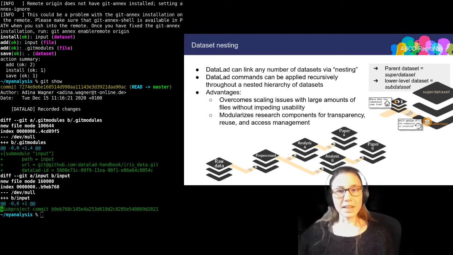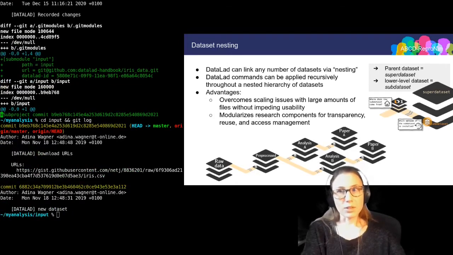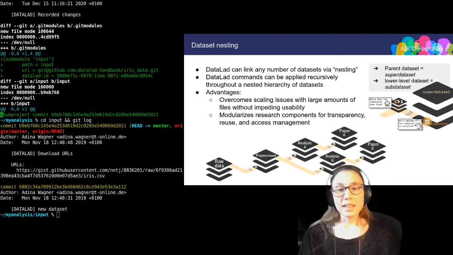If we now take a look into the history of the subdataset, so if I change directories inside of it and then query the git log, then you can see that the subdataset has preserved its standalone history, even though this is a really small history, and that its most recent commit identifier is actually the subproject commit that is registered in the super dataset.